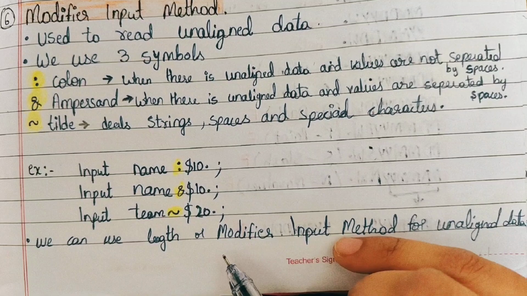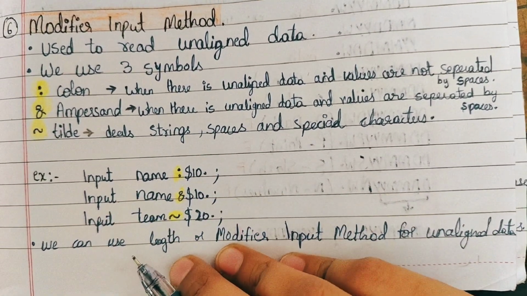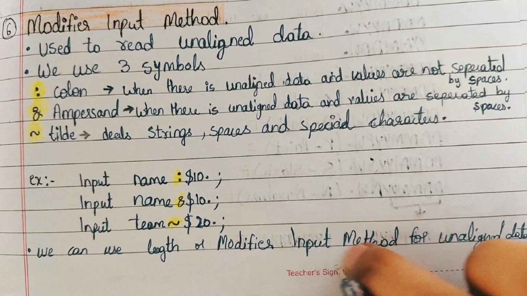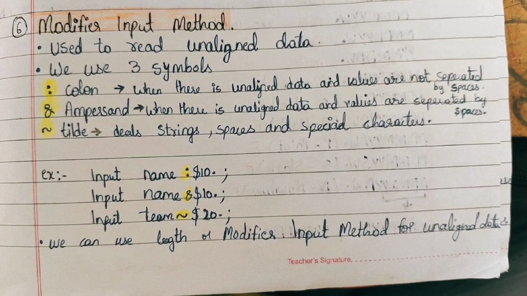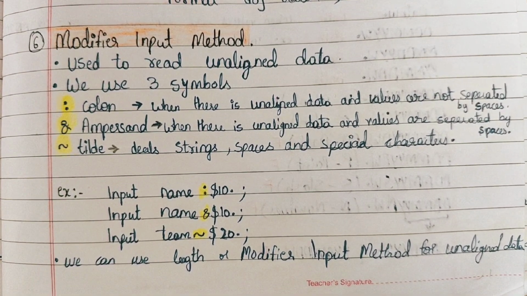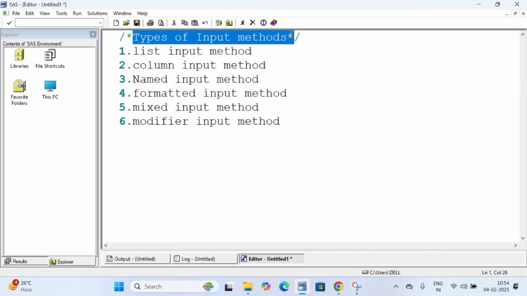So we can use length or modifier input method for unaligned data. You can use length as well as modifier input method. So modifier input method is used for unaligned data. It is very, very important. These are the 6 input methods. We will learn types of input methods.